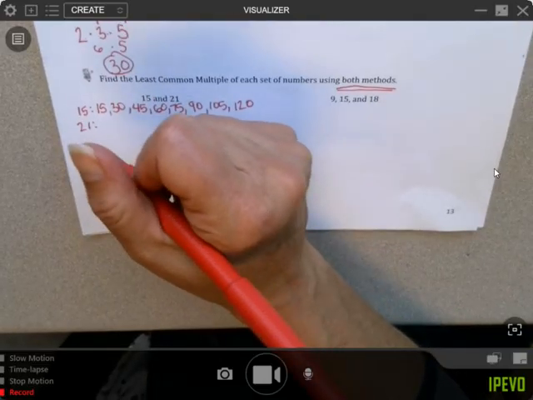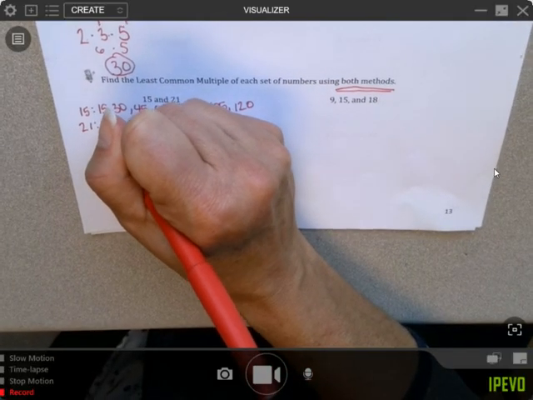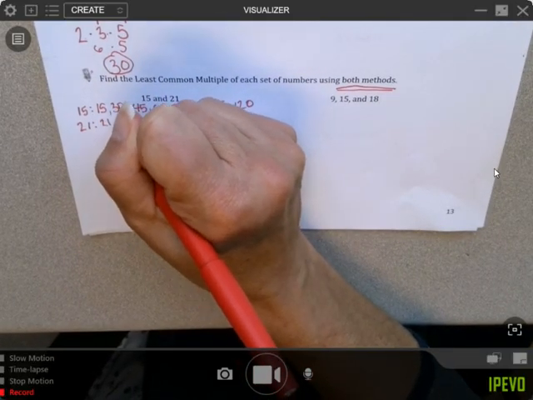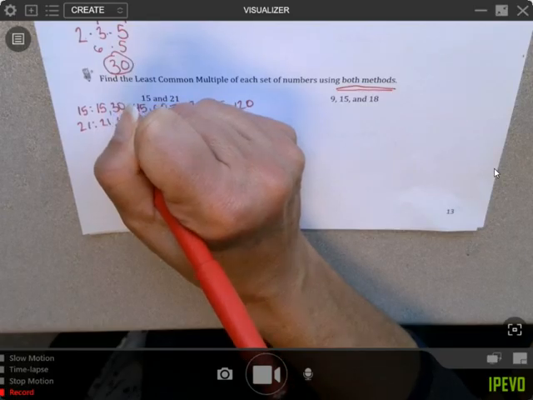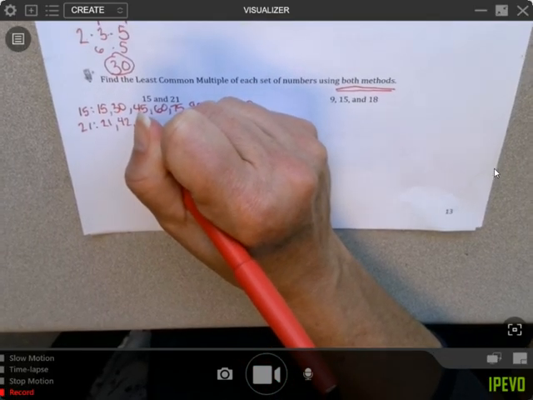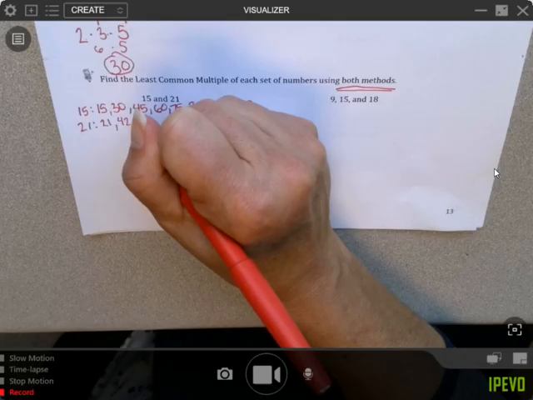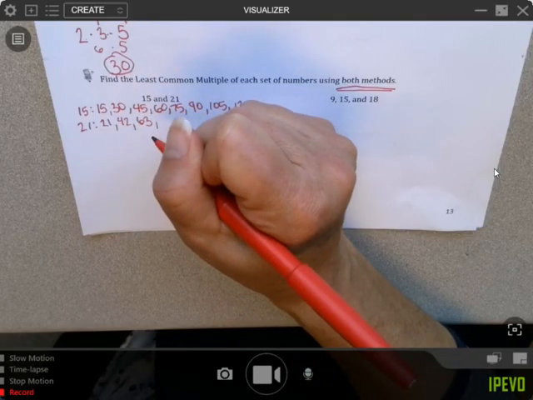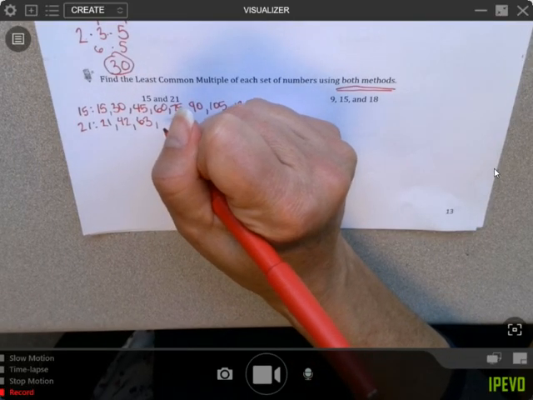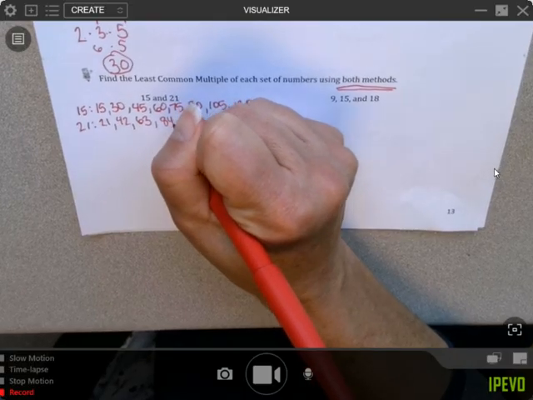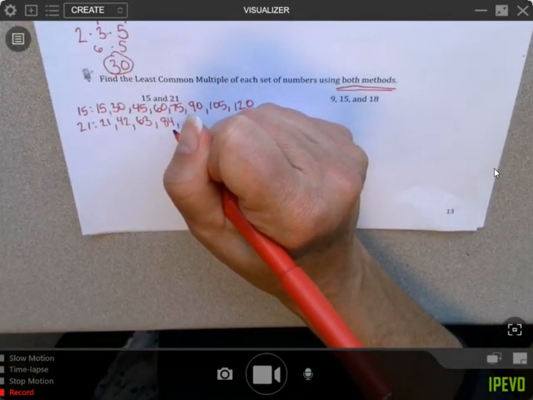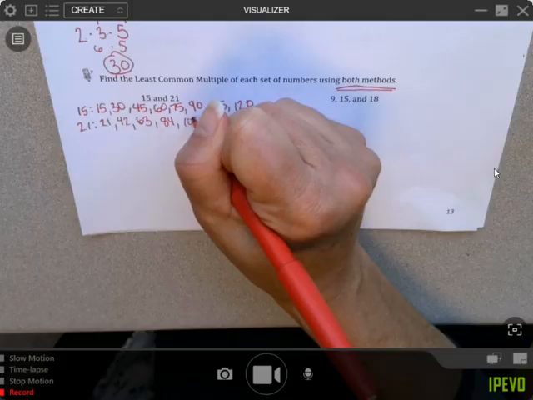Let's count by 21s. 21 times 1 is 21. 21 times 2, 42. 21 times 3. 21 times 4. 21 times 5. 21 times 6.